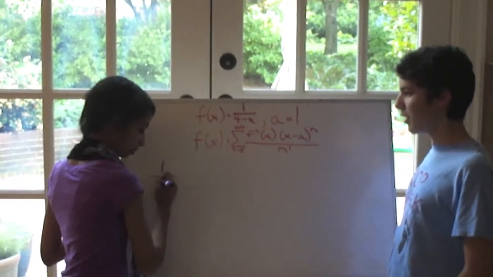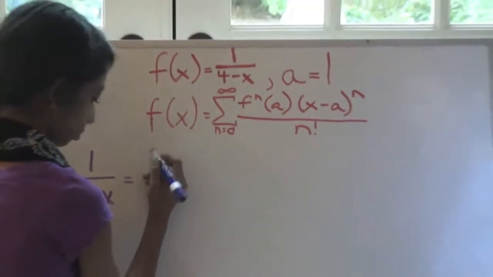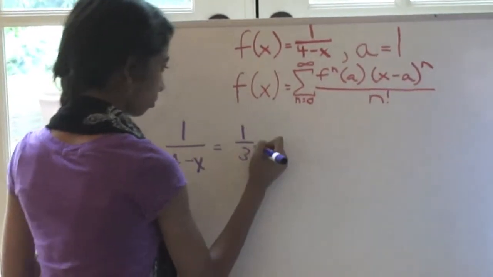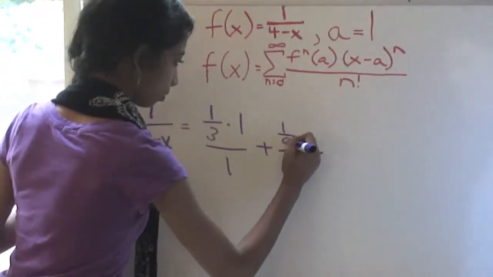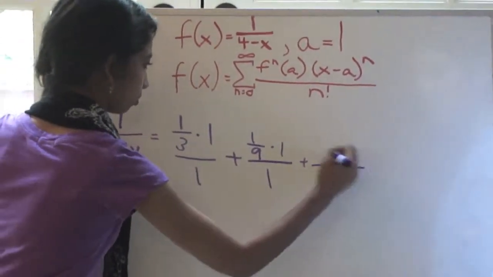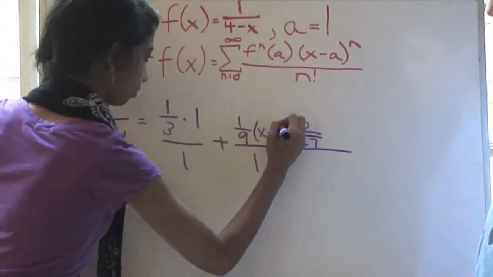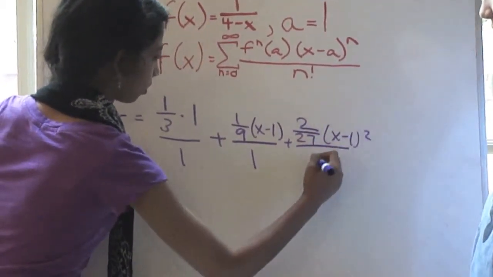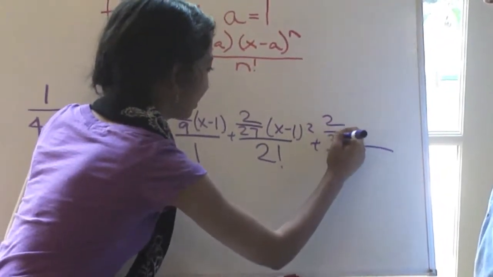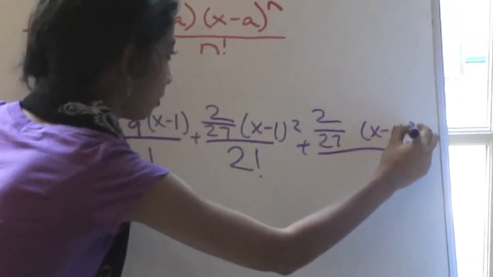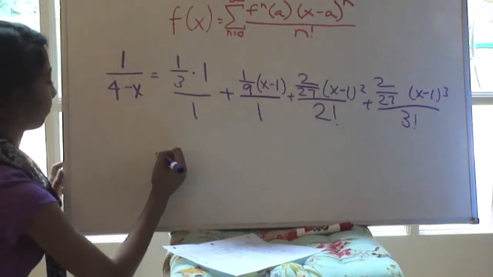To write the third degree Taylor polynomial of the function, you plug in each element from the last 3 columns of the chart into the formula. And then you simplify.